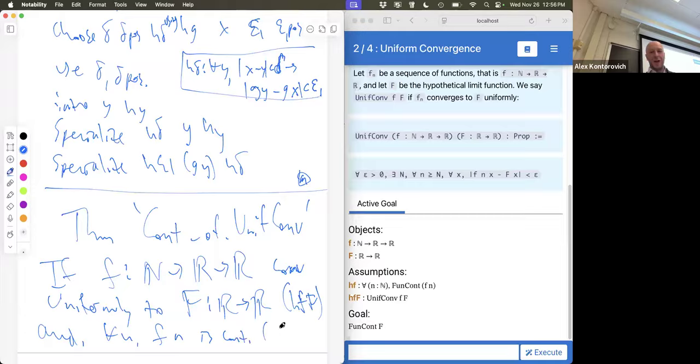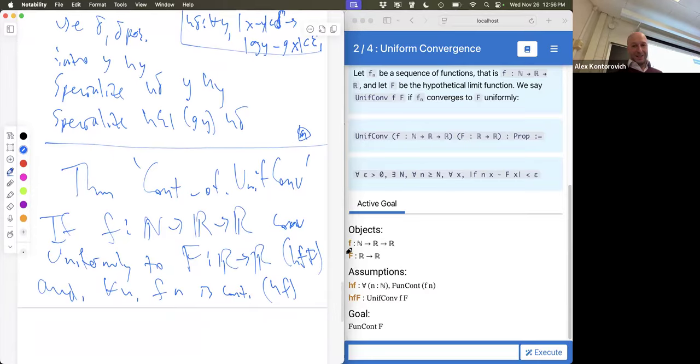That's called HF. HF is for all n, the function Fn is continuous everywhere. Let's not worry about continuity on subsets. Of course, this works on subsets. Then the conclusion, the goal, let's just write in English: capital F is continuous.